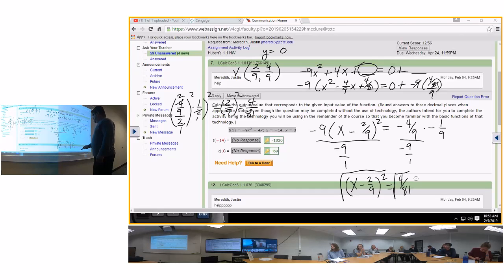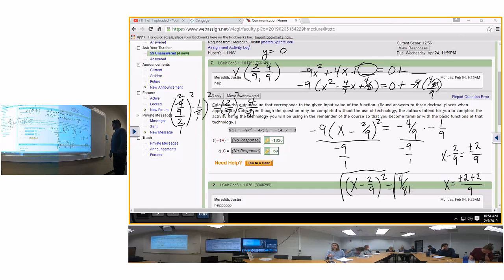We feel good about ourselves. x minus 2/9 is equal to positive or negative 2 over 9. x is equal to positive or negative 2 plus 2 over 9. What's negative 2 plus 2? 0. So one x-intercept is 0.